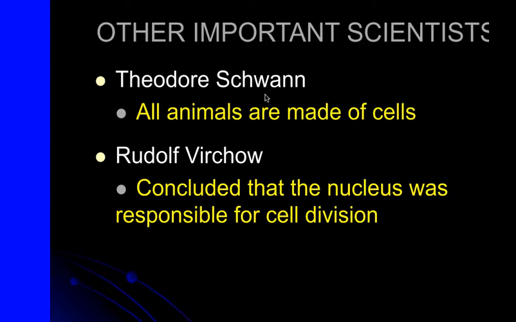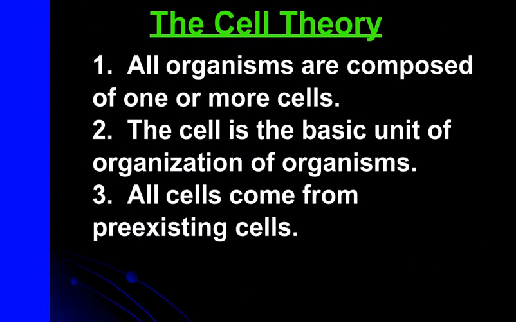Theodor Schwann was another scientist that came up with the idea that all animals are made of cells. And then Rudolf Virchow concluded that cell division is responsible for new cells. Together, all of those scientists came up with what we now have as the cell theory.